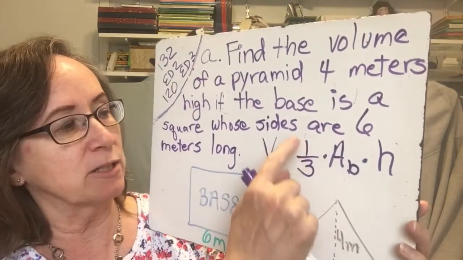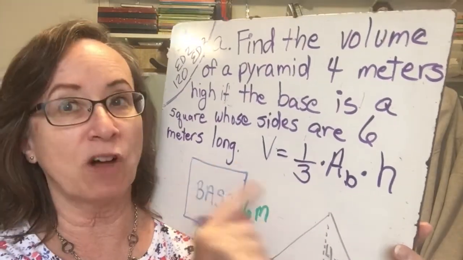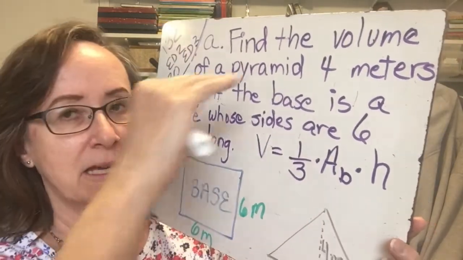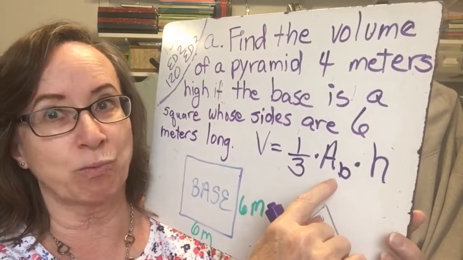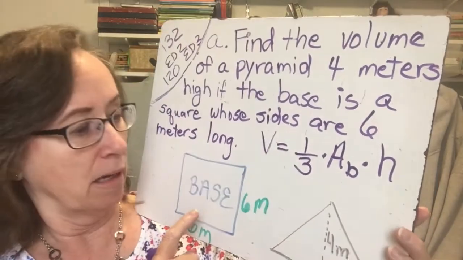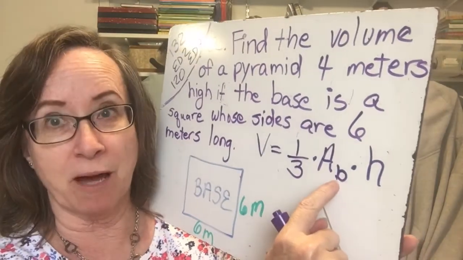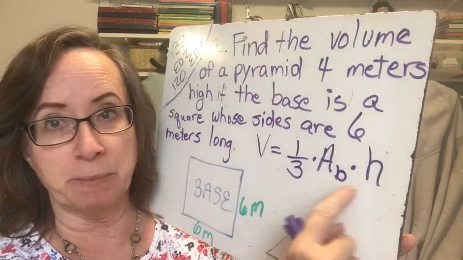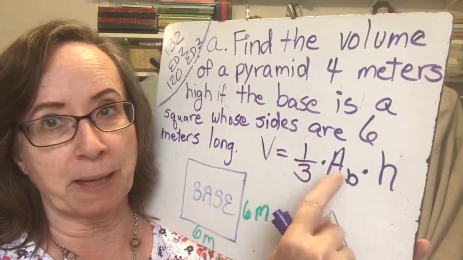And volume is 1/3 times the volume of the right solid that would enclose the pyramid, which would be the area of the base times the height. So we're going to have 1/3 area of the base times the height.